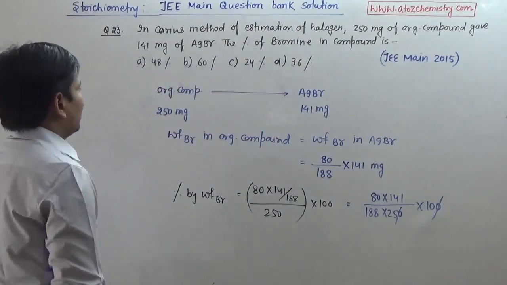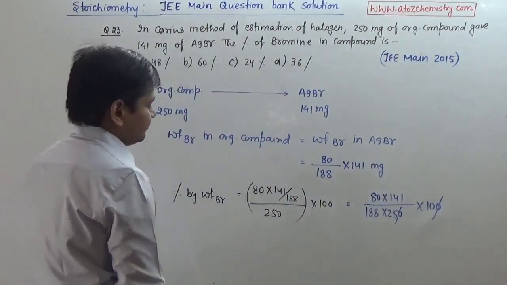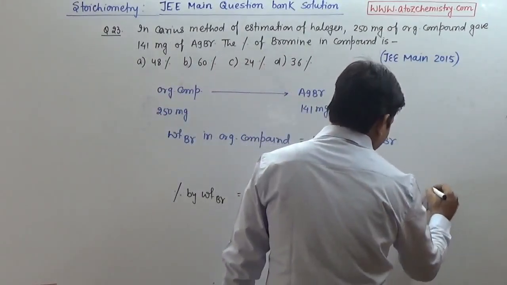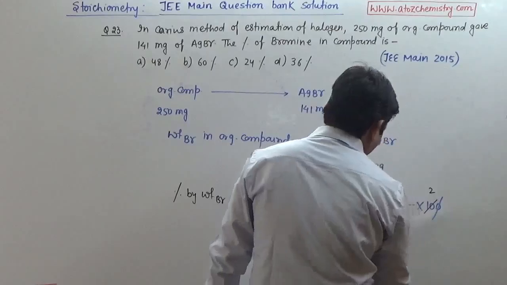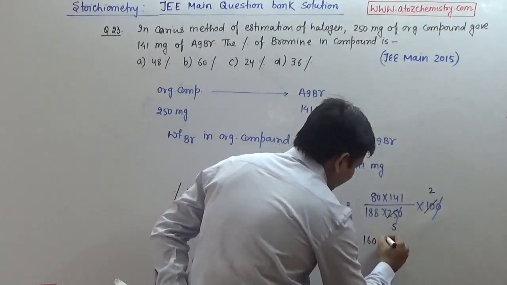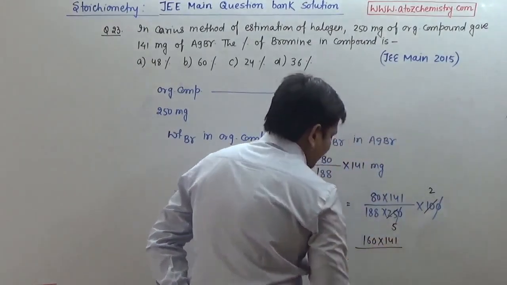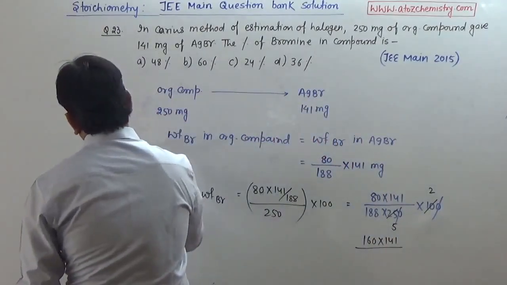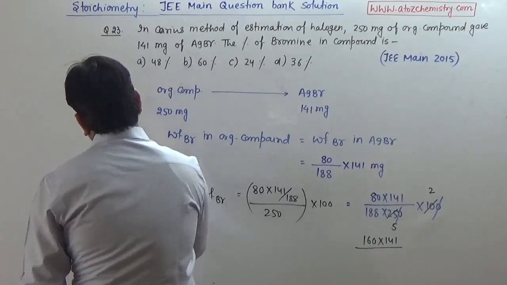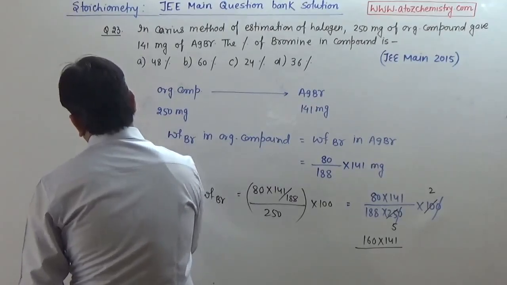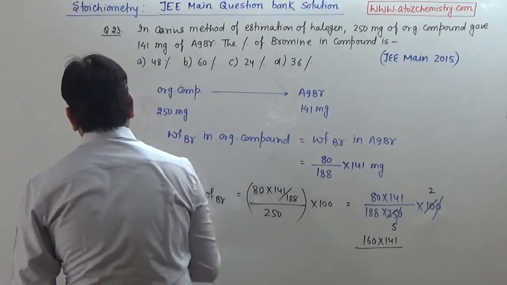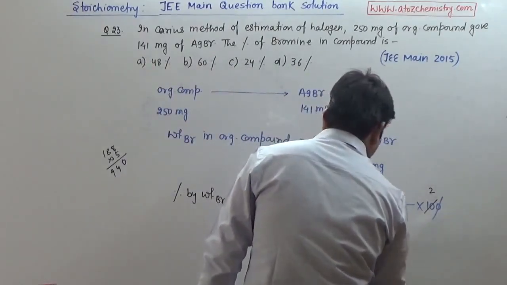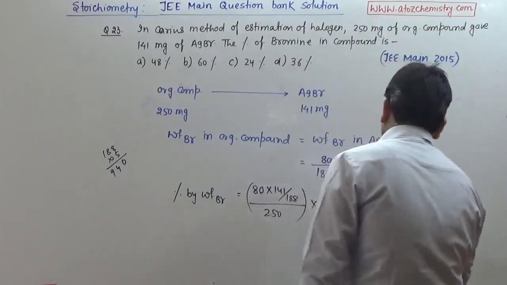So the answer will be approximately, you can calculate, this is 2, this is 5, so 160 into 141 divided by 188 into 5, that will be equal to 940.